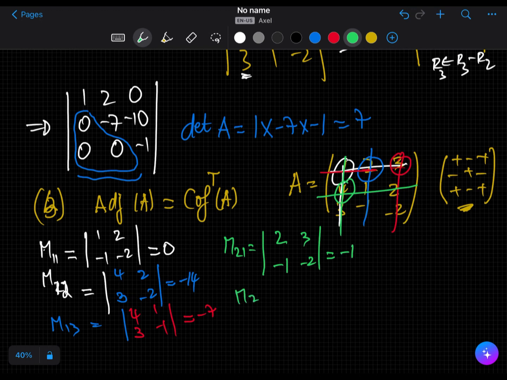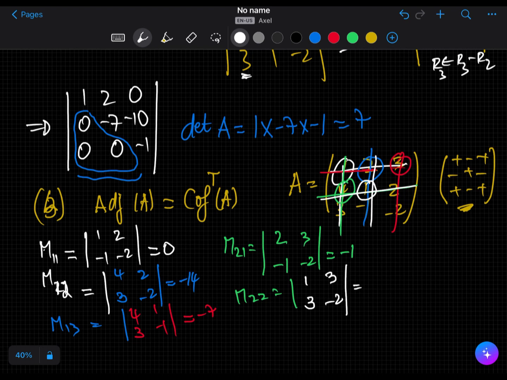So if I want M22, which is this term in here, the middle. So doing this and this, I will stay with the 1, 3, and then 3, minus 2, right?